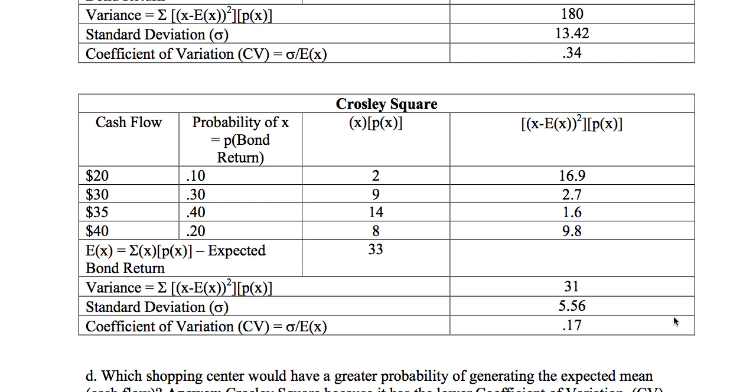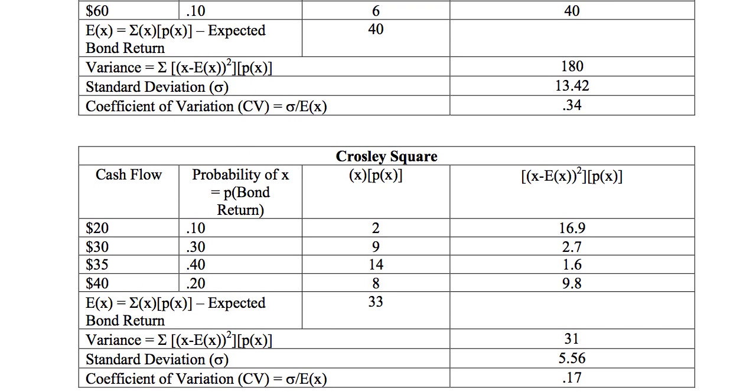So the decision comes down to this: if I have an aversion to risk, I don't want to take risk. I want to get the expected cash flow with the greatest possibility of earning it. I would go with Crosley due to the fact that it has the smallest coefficient of variation.